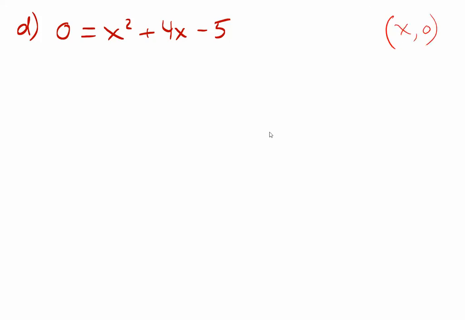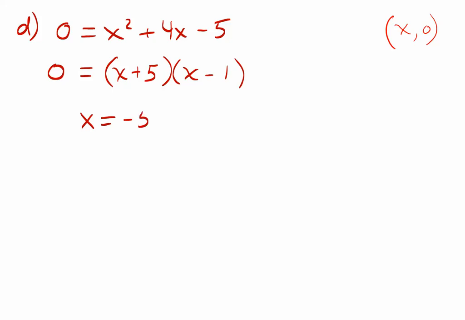When does that happen? I've got to factor this down then. 2 numbers multiplied to negative 5, add to 4. Cool. Positive 5 minus 1, we good? Set each of them equal to 0, of course, and solve.